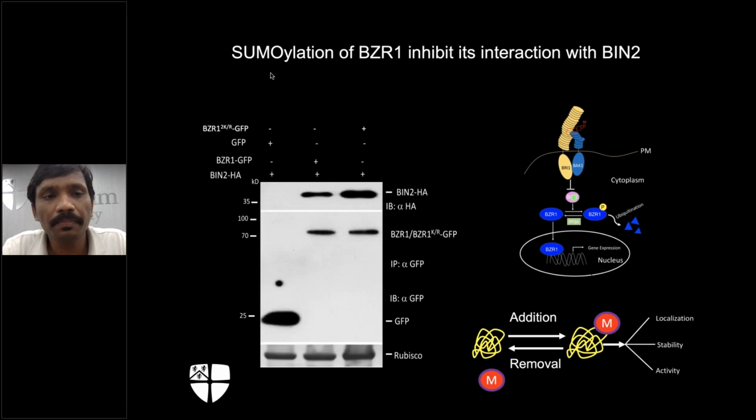When we looked into it, wild type BZR1 interacts with BIN2, as is known, but the deSUMOylatable form of BZR1 interacts more. So with the deSUMOylatable form, you can interact more, phosphorylate, and ubiquitinate. But when you have SUMO on it, you cannot interact as much as you can without SUMO.